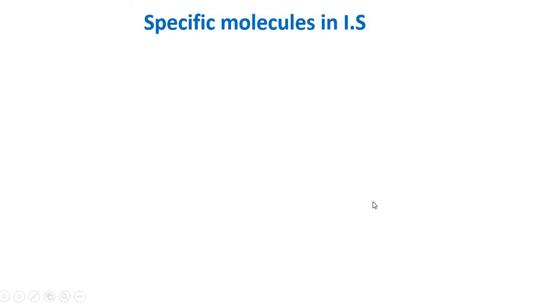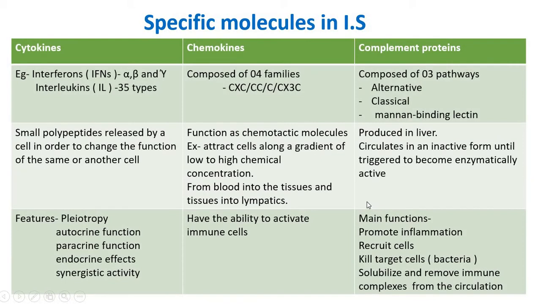Now we are going to talk about some specific molecules in the immune system. The first is cytokines, the second is chemokines, and the third is complement proteins. Let's talk about cytokines. The main two cytokines that we are going to talk about in the human immune system are interferons and interleukins.